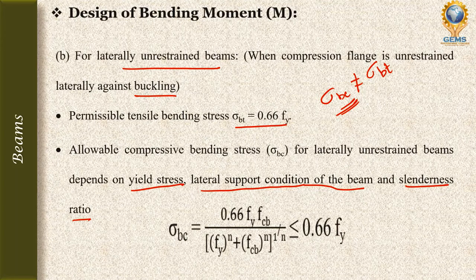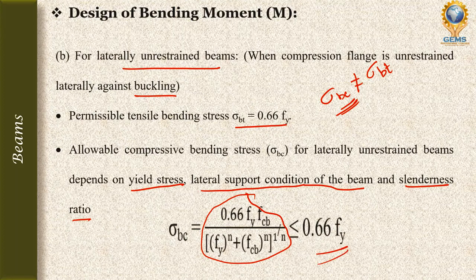So this sigma bc formula is given. It says 0.66 fy fcb divided by fy to the power n plus fcb to the power n, the whole to the power of 1 by n. This whole term should be less than or equal to 0.66 fy.